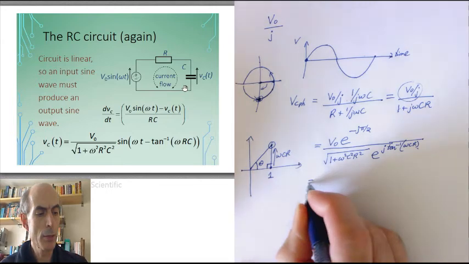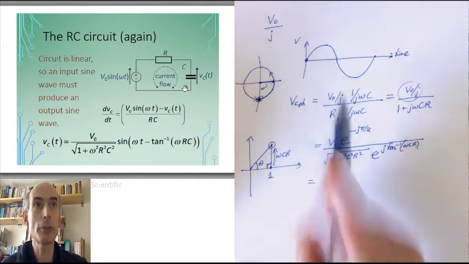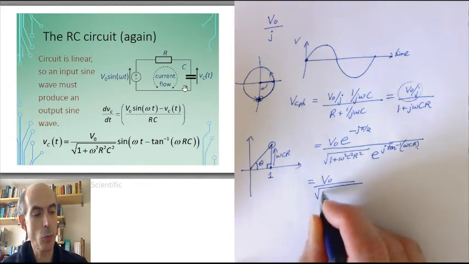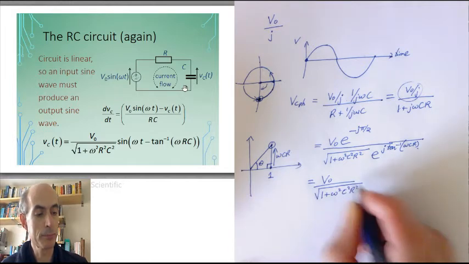Now, that makes the amplitude of the voltage across the capacitor V0 divided by the square root of 1 plus omega squared C squared R squared.